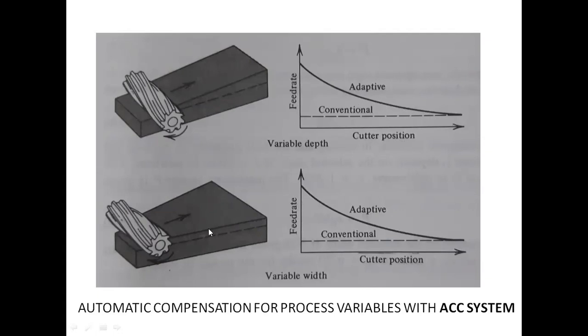Similar for width. As you see, the width here is more, so the cutter load would be more here, and based on this cutter load you decide the feed rate. Conventionally on CNC, you use the same feed rate throughout as we go from left to right. But adaptive, when it moves from lower widths to higher widths, will decrease the feed rate.